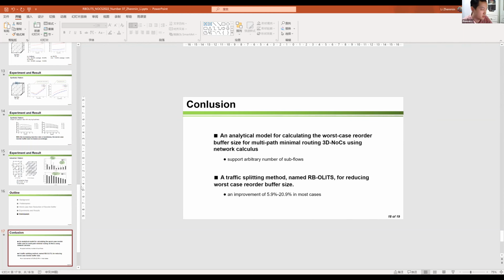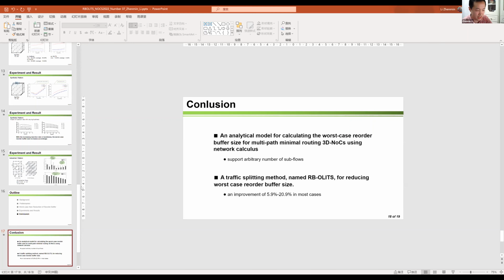Okay. Because it is the power of network calculus, this mathematical tool can guarantee that there will not be a violation of the worst case. And it has been proven by several previous papers. We follow the same theory to calculate the worst case reorder buffer size. And it is honestly a pessimistic estimation.